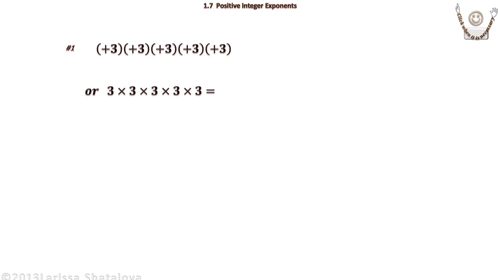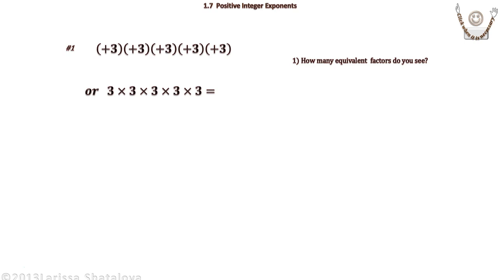Let's practice in reading and understanding. Example number 1, positive 3 times positive 3 times positive 3 times positive 3 times positive 3, we can show this as 3 times 3 times 3 times 3 times 3. Now, exponential form requires answering questions.